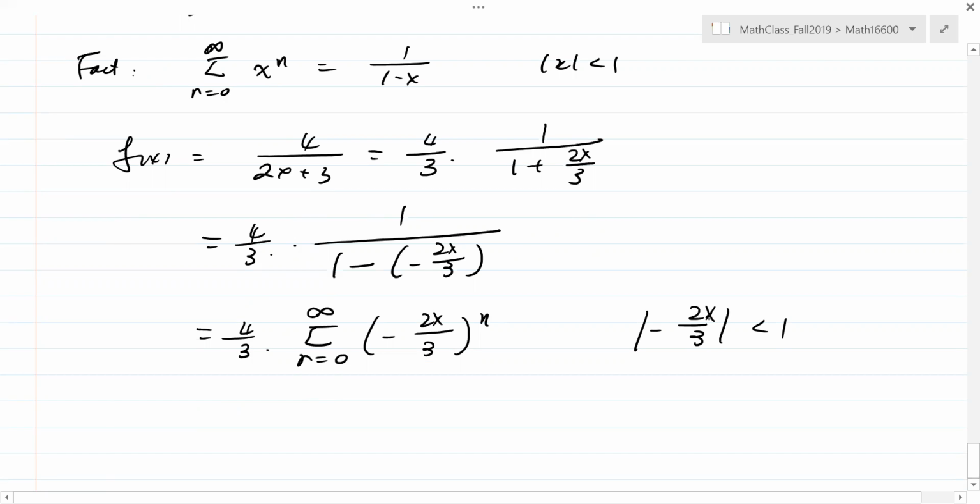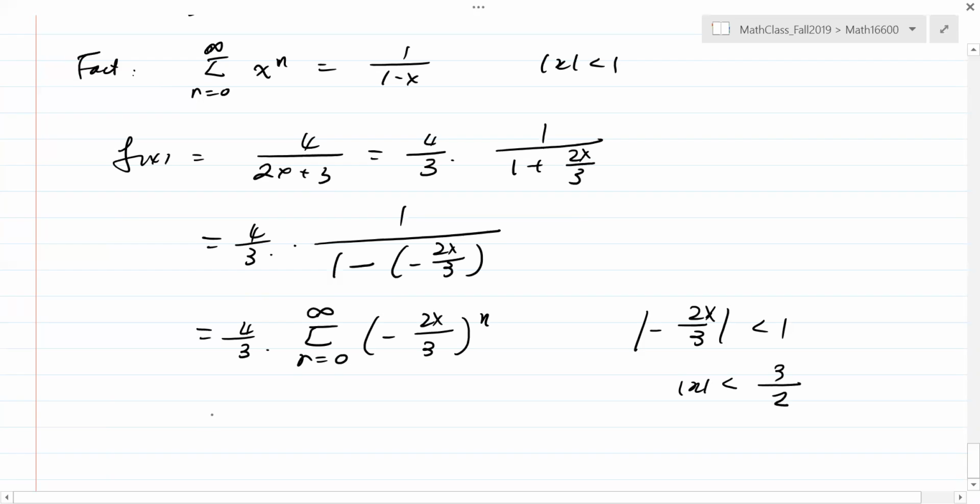All right, so let's simplify. Can you try to simplify this? This inequality can change it to absolute x less than 3 over 2, right?